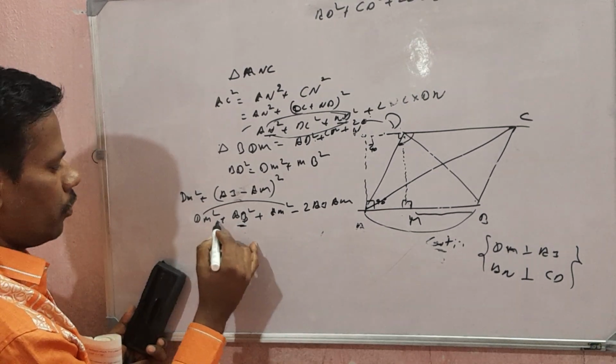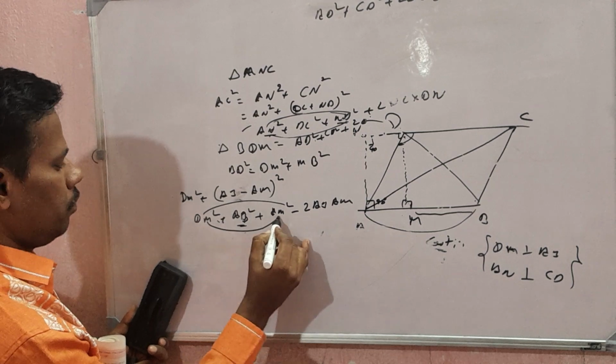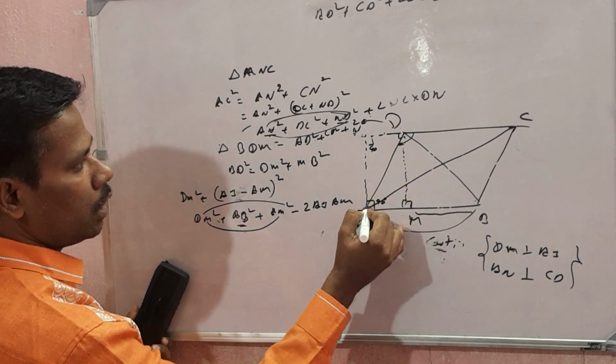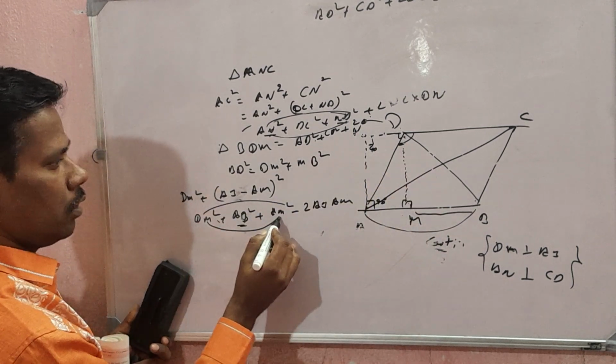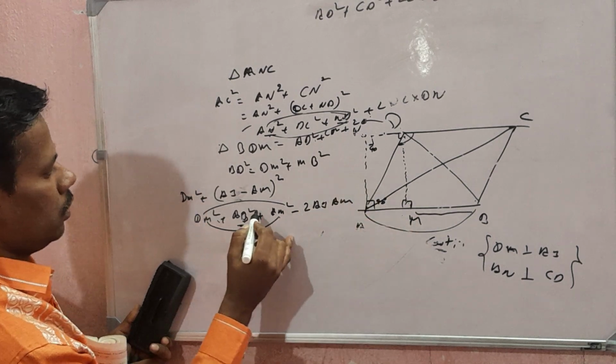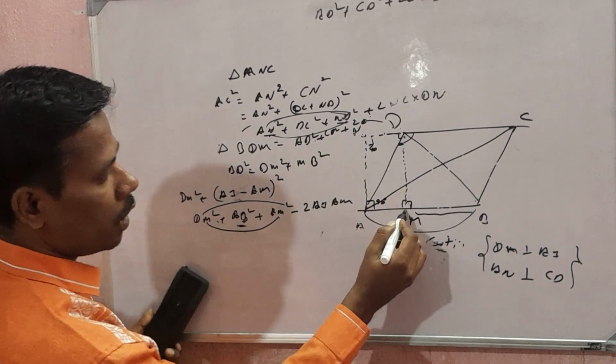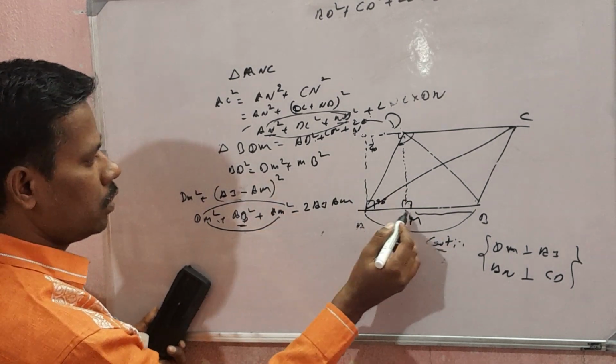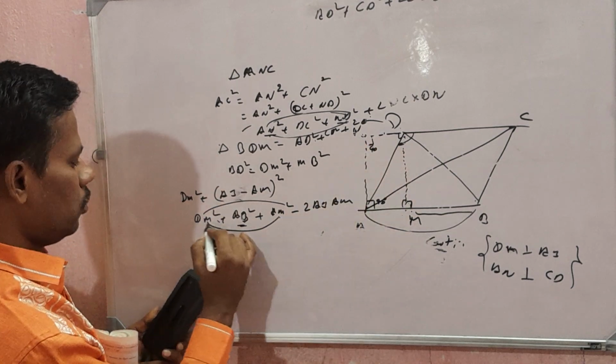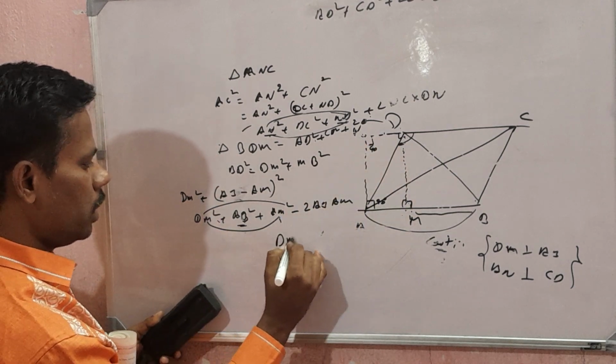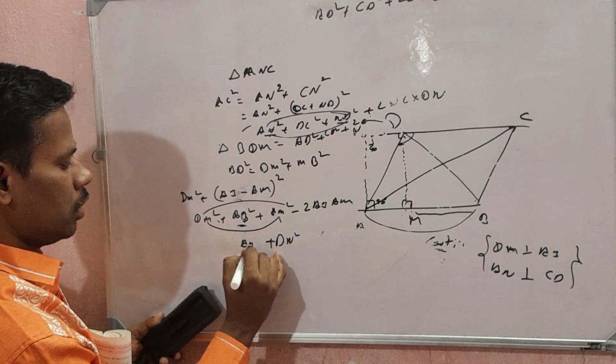Here itself you simplify. AM square, AM is nothing but DN. So in place of AM, I want to write DM square plus AB square.